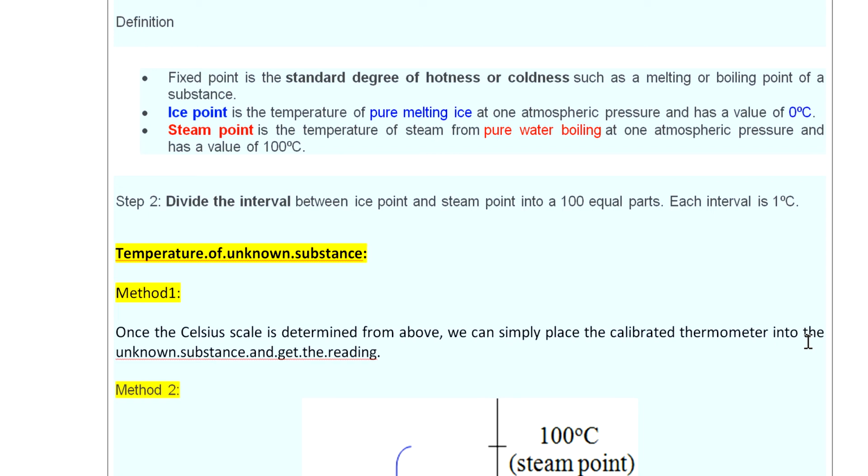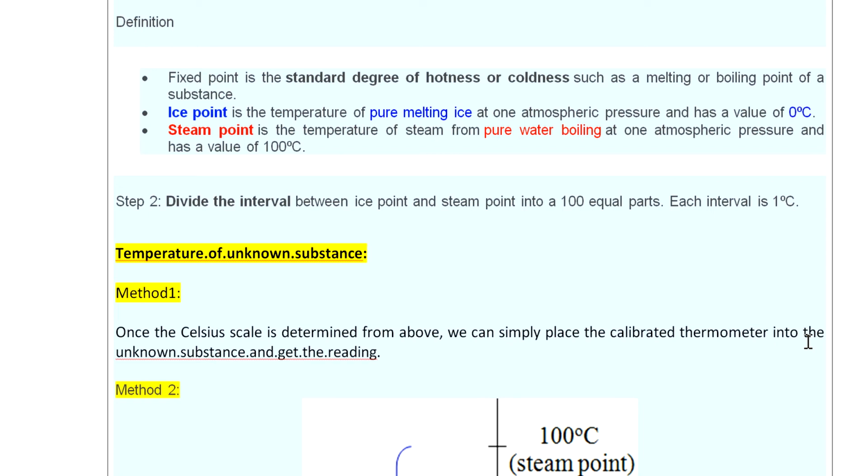Now in the definition, the ice point is the temperature of pure melting ice at 1 atmospheric pressure and has a value of 0 degrees Celsius. Students, do remember these command terms: ice point, pure melting ice, and 0 degrees Celsius, with atmospheric pressure 1 atm.